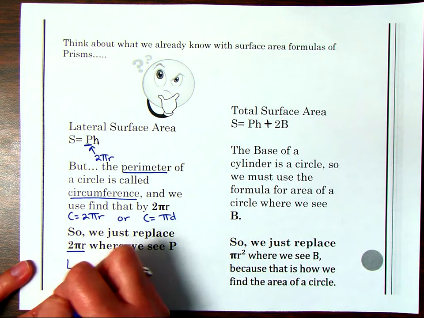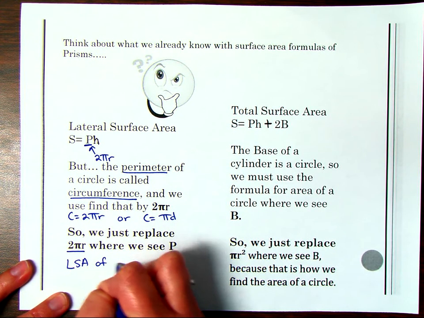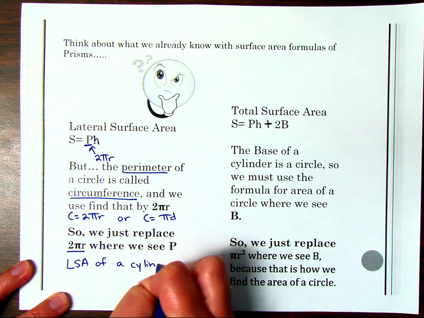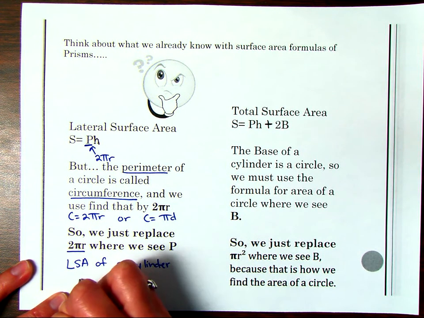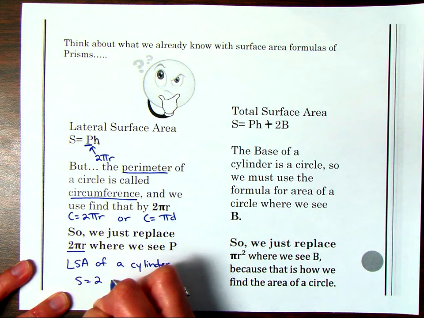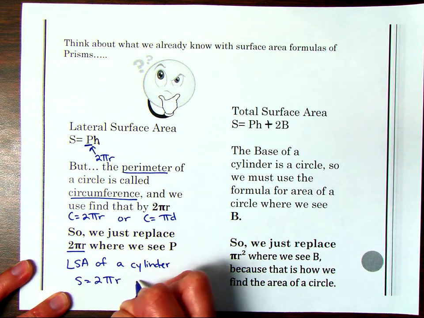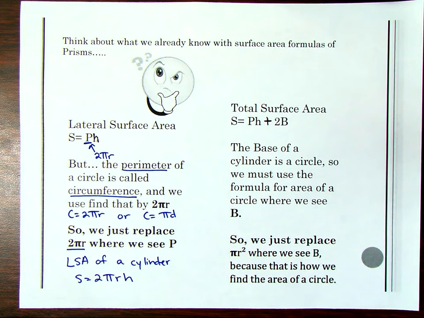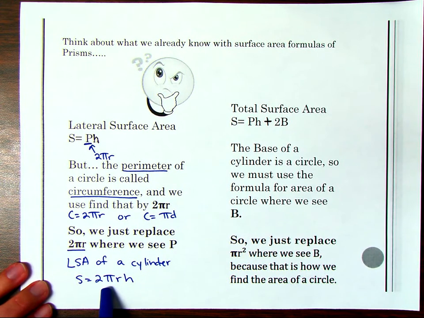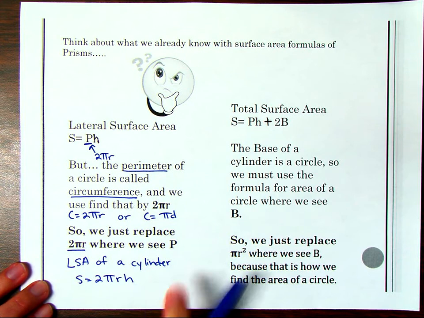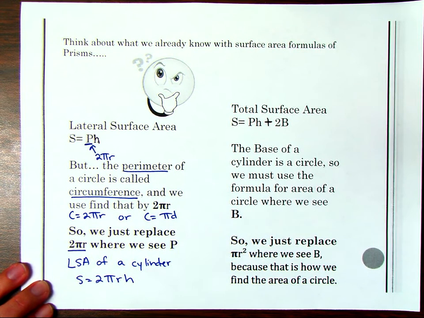So the lateral surface area of a cylinder is S equals 2 times pi times radius times height. No matter what the cylinder is, you're going to do 2 times pi times its radius times height. I'm going to tell you why we don't use this other part in just a minute.